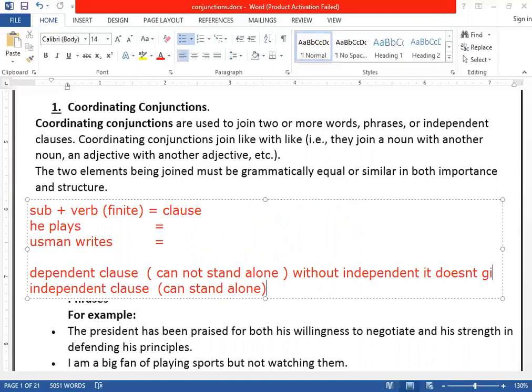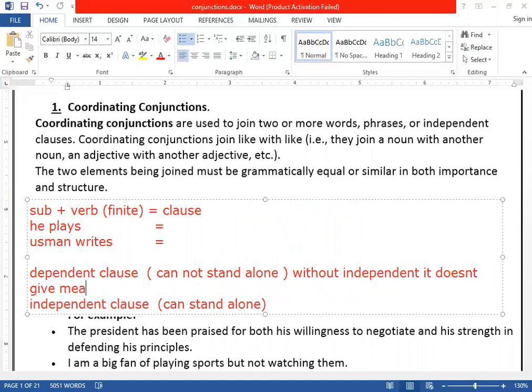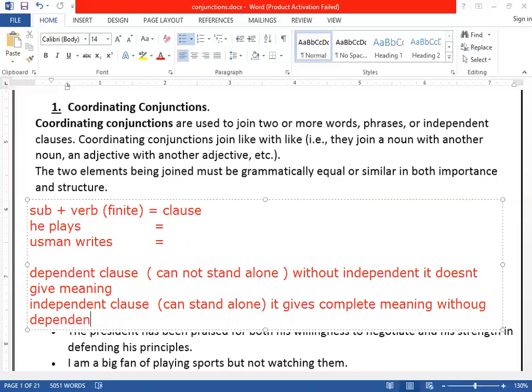Clear? It doesn't give complete meaning. But an independent clause gives complete meaning without a dependent clause.